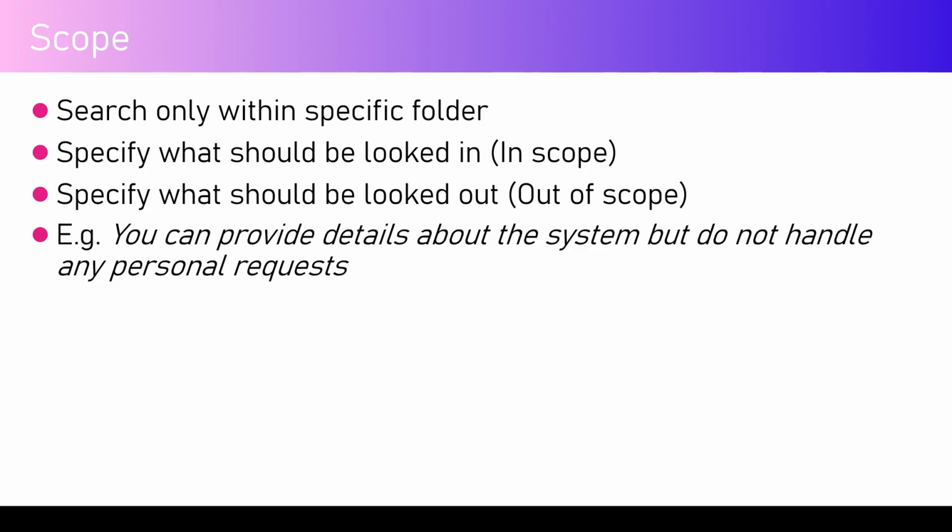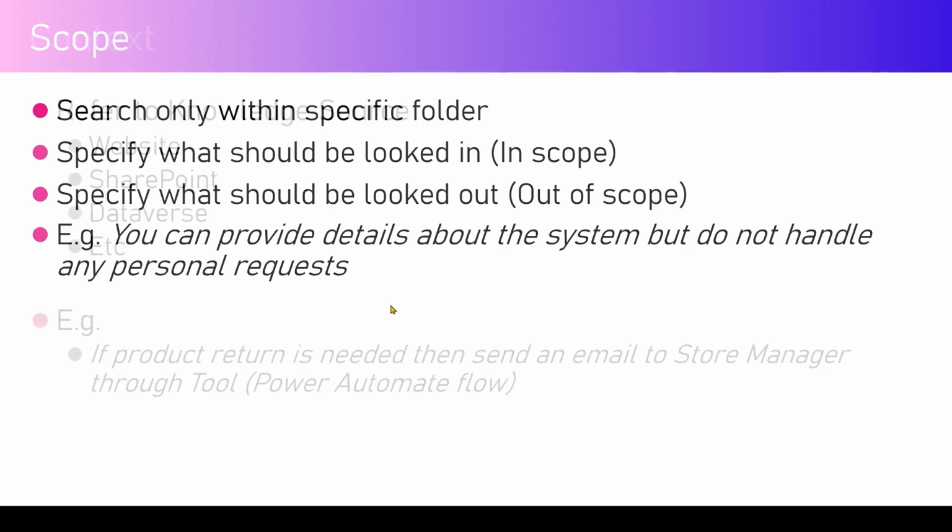So you can say, if it is a weather bot and someone asks anything about the store policy, you can clearly mention in the instruction that this bot will provide information about the weather. Any other questions apart from weather, politely decline. So you can clearly specify in an instruction so that the agent is pretty clear on what is covered and what is not covered while responding to the end user.